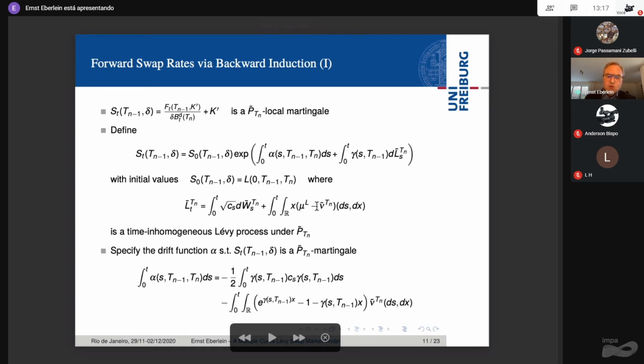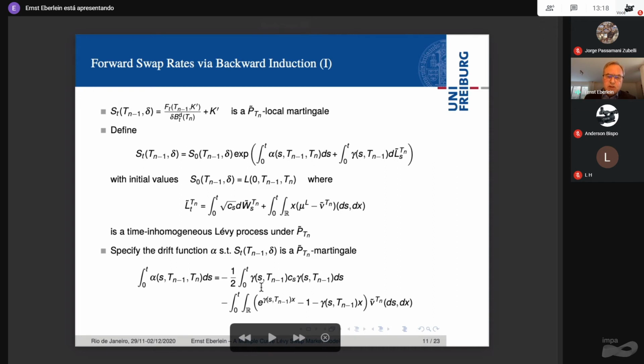We have to assume that the driving process has exponential moments and the volatility function is bounded. Now, of course, it's always bounded. And then it is clear that this quantity, once we choose the drift term appropriately, can be made a martingale.